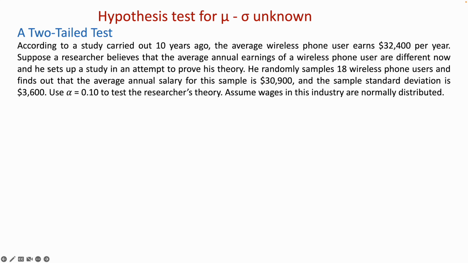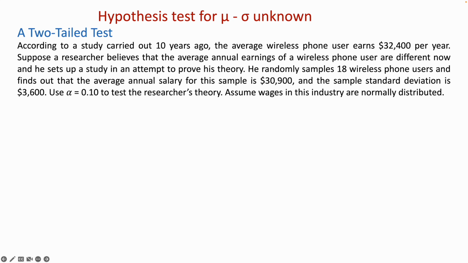$32,400 per year. Suppose the researchers believe that the average annual earnings of a wireless phone user are different now, and he set up a study in an attempt to prove his theory.